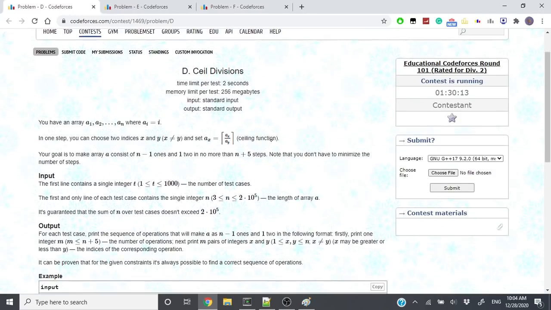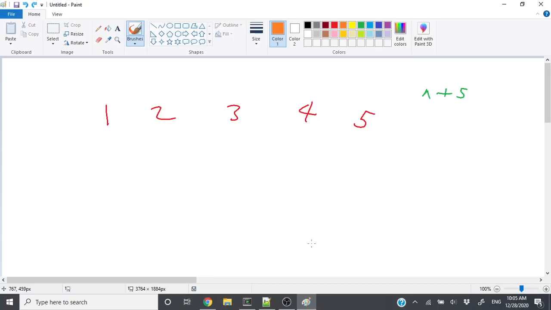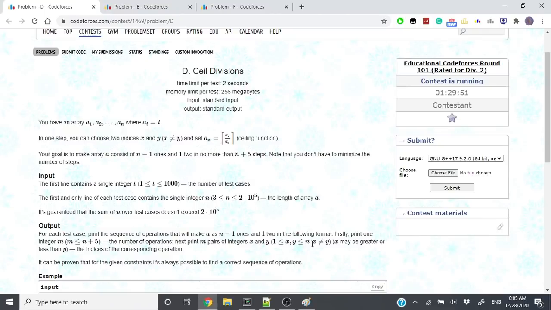We don't have a log. It's just that 5 is so weird. Like 5 isn't log, so that doesn't work. I don't know what that would require. So n minus 1 ones and 1 2.